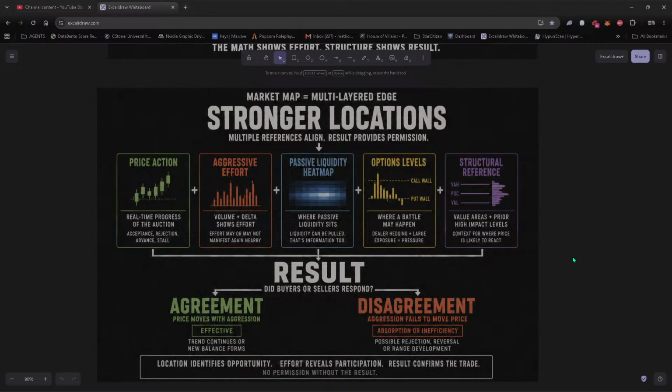Might be using delta indicators to show the difference between aggressive buyers and sellers, or buyer and seller volume. For every aggressive order that's executed, an aggressive buy, there's a passive sell order, and vice versa.